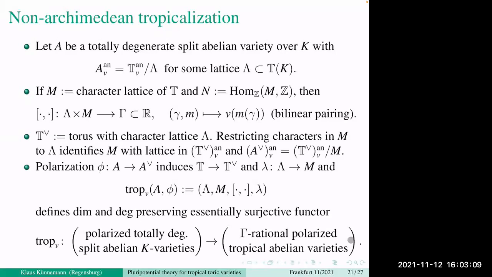So this defines a dimension and degree preserving, essentially surjective functor from polarized, totally degenerate split abelian varieties to these Gamma-rational polarized tropical abelian varieties. There is also some kind of tropicalization.